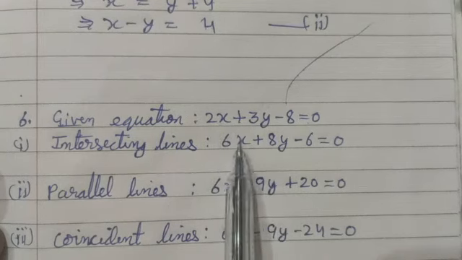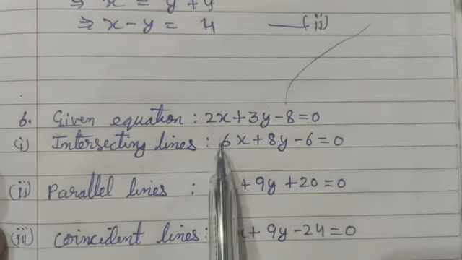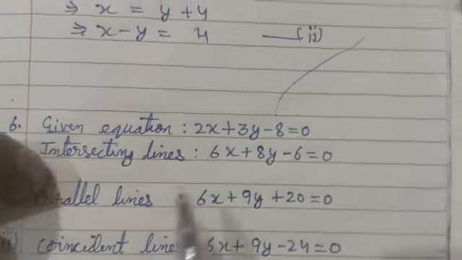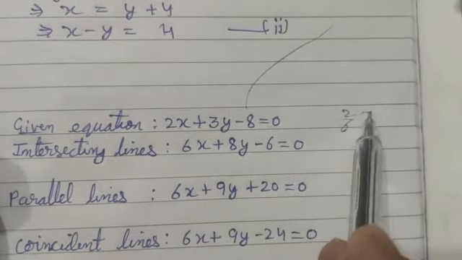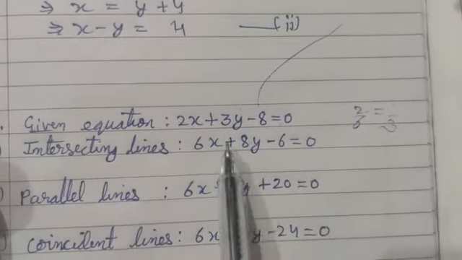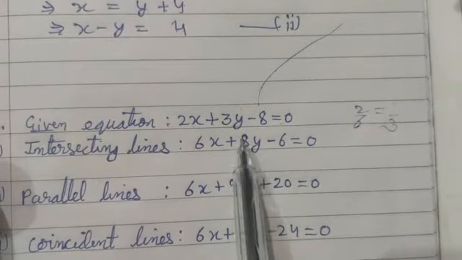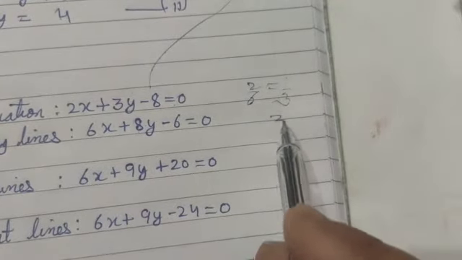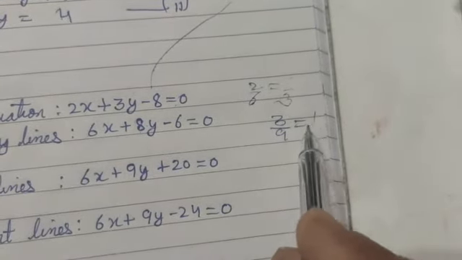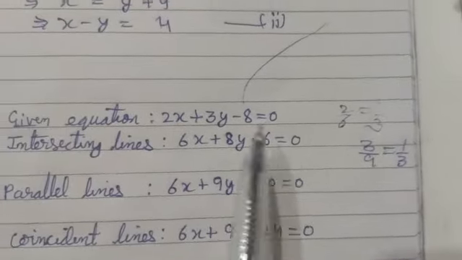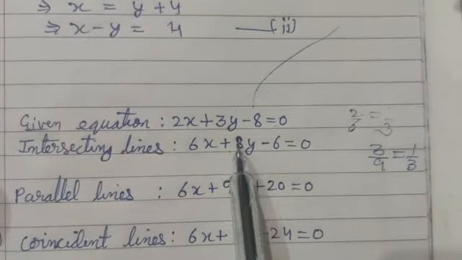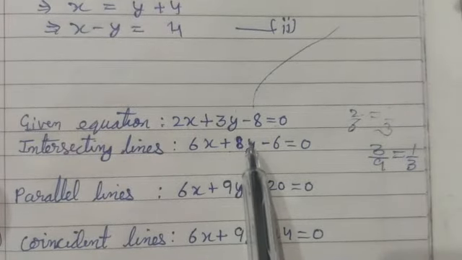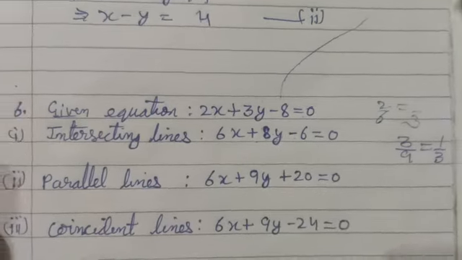Here I have taken 6x, that means a1 upon a2 is 2 upon 6, which will be 1 by 3. So here we will not take 9, because if we take 9 then 3 upon 9 will be again 1 by 3. Except 9 we can write any number here. So here I have taken 8y, then minus 6 equal to 0.